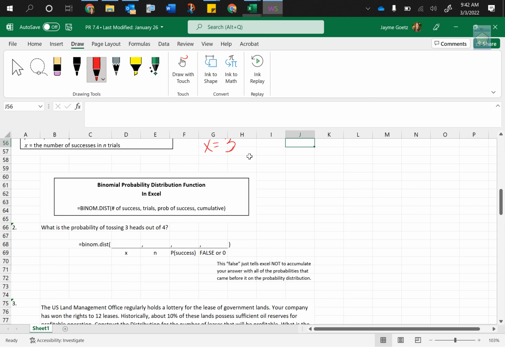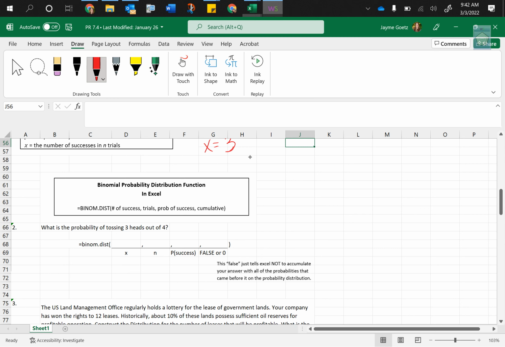And to do that, our function is going to read equals BINOM, B-I-N-O-M, dot DIST, D-I-S-T, short for binomial distribution, and then you have to put in 4 different measures. And remember, when you start typing it in, it tells you what it wants. You just have to understand what it's asking.